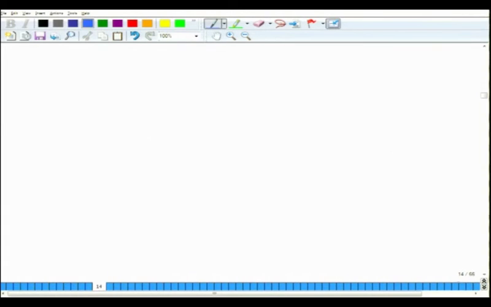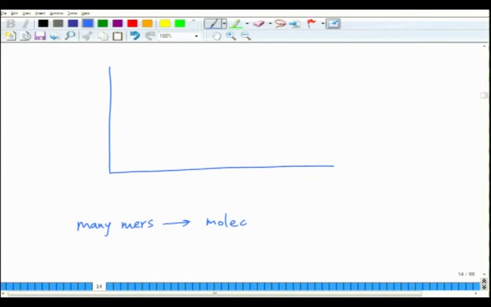So, these are some examples. Now, polymers have many formula units, many MERS, and as a result they have a molecular weight, right. And there is a factor called the degree of polymerization.